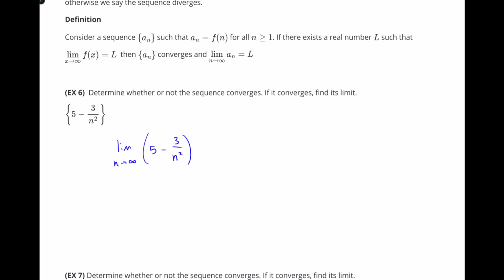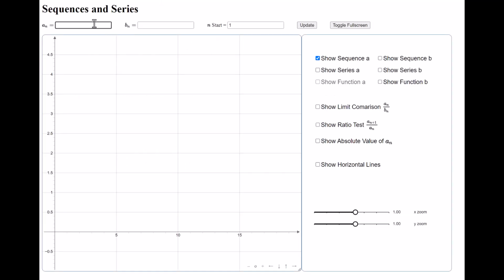Now, how might that work out? Well, let's take a look at this graphically to make sure we fully understand. So we have 5 minus 3 over n squared, and let's take a look at that sequence. You can see in light blue here, there are the sequence points. It's just taken values along the x-axis and plugged them in and determined what they are along the y.